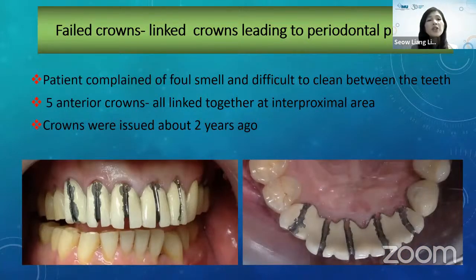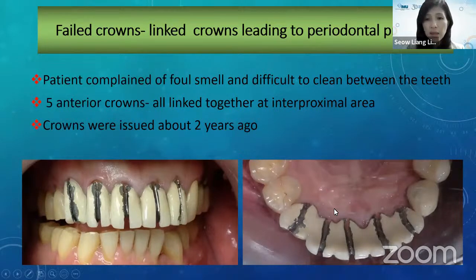Okay, so this patient came to me. Her complaint is actually foul smell and difficult to clean between the teeth. The main reason for this concern is because all the 5 anterior crowns are linked together. The patient is not able to floss through at the interproximal area.